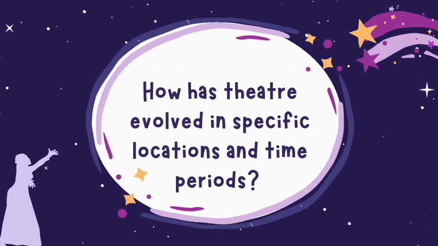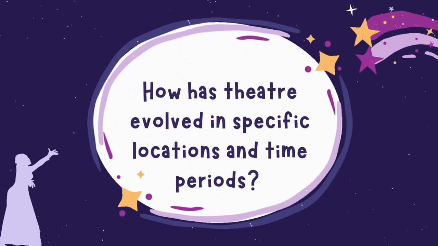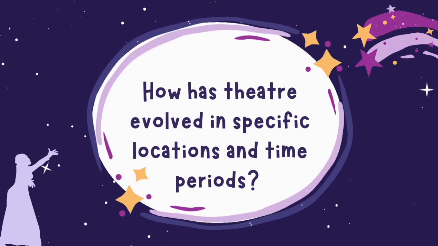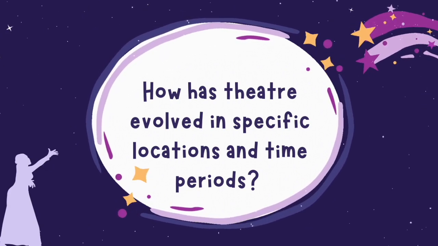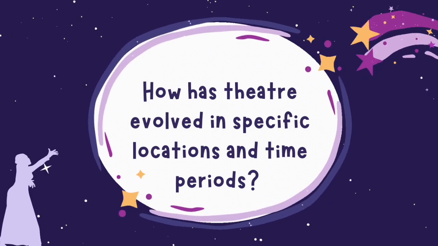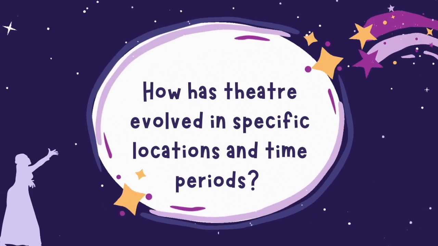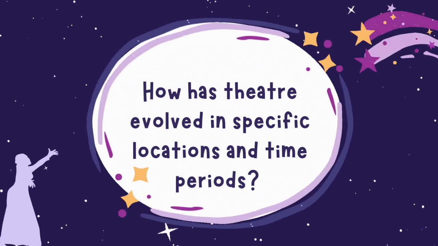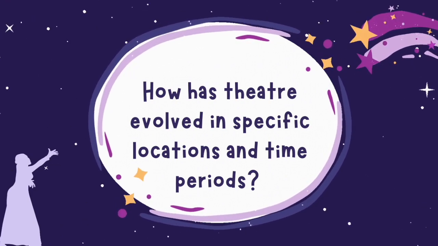So here the big question is, how has theatre evolved in specific locations and time periods? It could be that we're looking at England. England today and England 450 years ago was not the same. 450 years ago was Shakespeare, and we've got some amazing traditions of English theatre across different time periods that are so different.